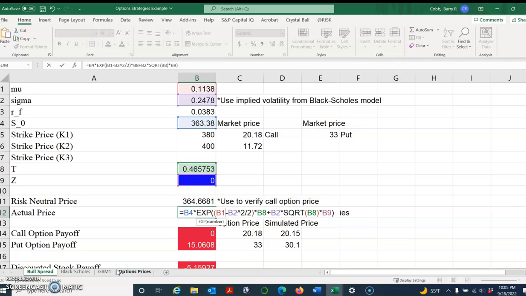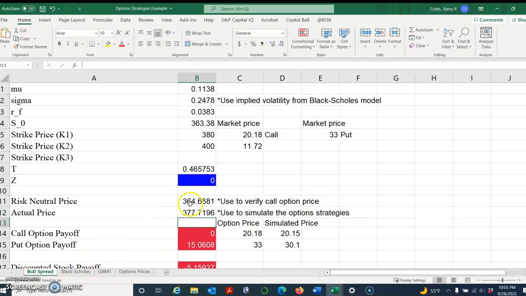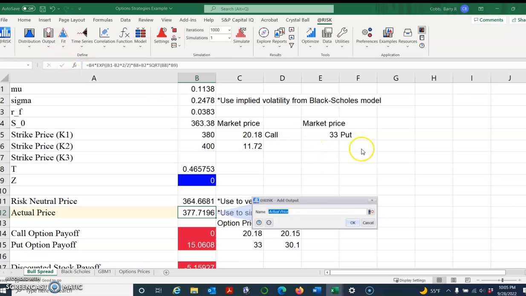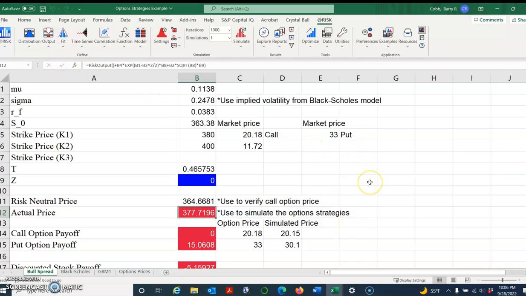And that's the only change we need. I'm going to make this an output in @RISK because eventually we're going to want to output this information into Excel from the simulation.